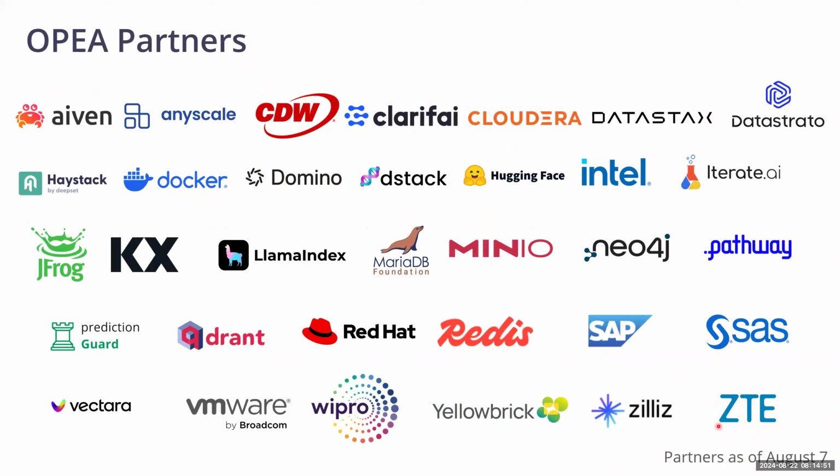And we are right now at the 22nd of August, and we have already exceeded 40 OPEA partners from different parts of the ecosystem value chain. Also, one more piece of news: besides Intel, who was the only AI chip company offering CPU, AI accelerator, and GPUs, we have AMD also coming on board 2 days ago.